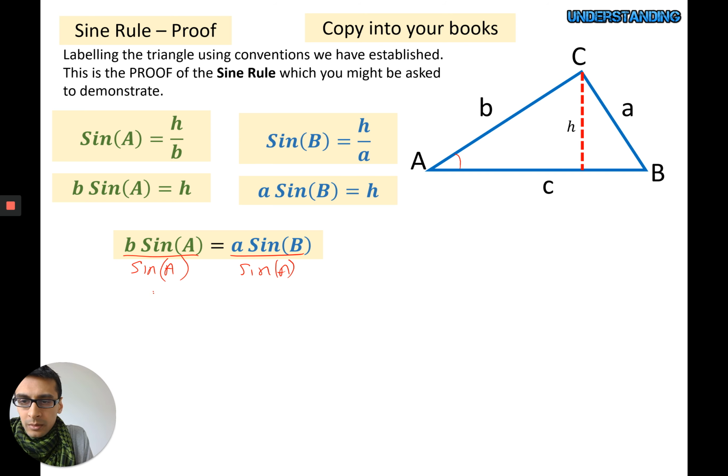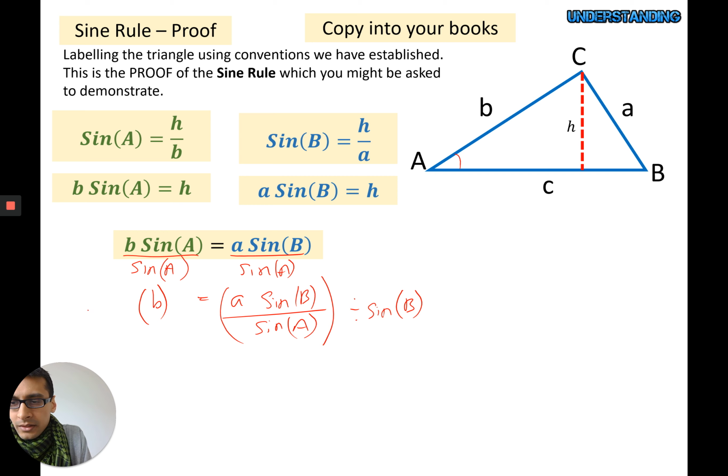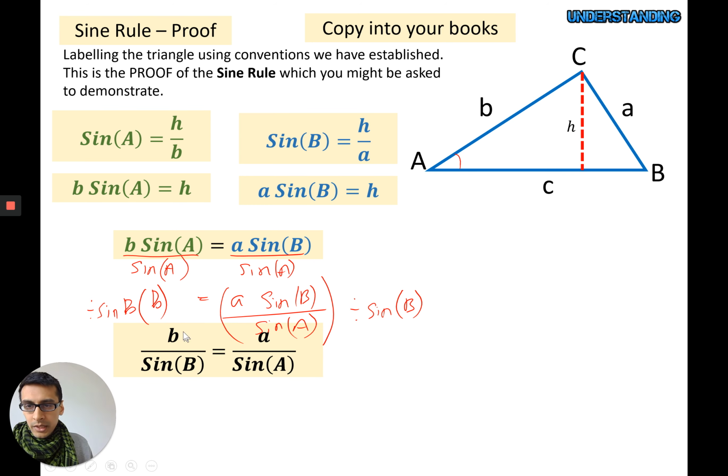I will then get b is equal to a sine B all over sine A. And now I'm going to divide this whole side by sine B, and I'm going to divide that side by sine B. Should be capital letters there. And then I end up with this. So b over sine B equals a over sine A, and that is the sine rule.